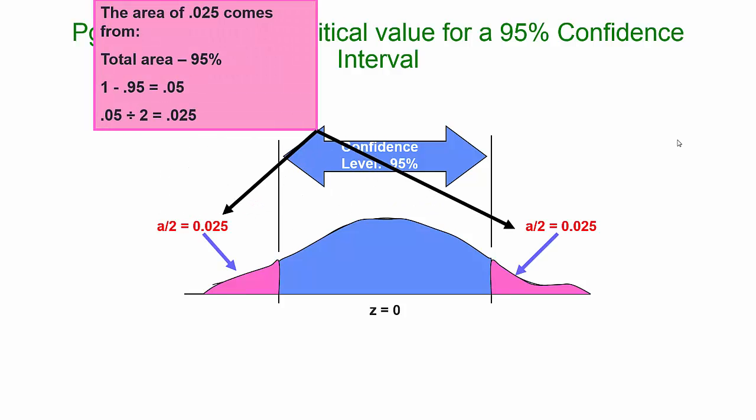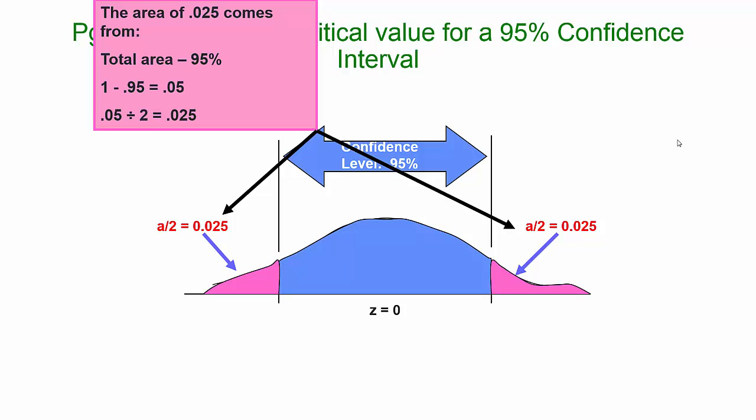So our leftover area is 1 minus 0.95, or 100% take away 95%. So we have 5% area left over together in the 2 tails of the curve. If we divide that by 2, alpha over 2 is 0.025, or 2.5% in each separate tail.